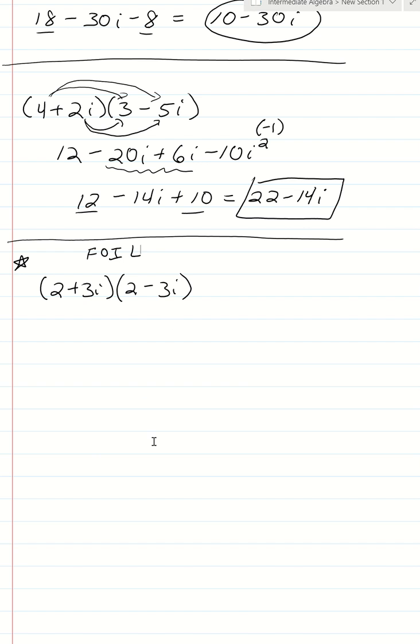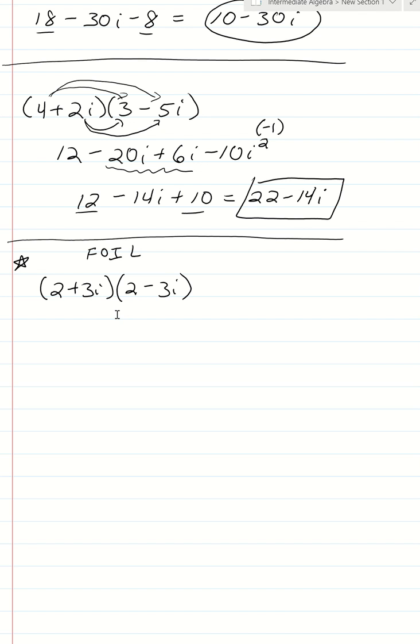They look very similar, in that the first numbers are both 2, the second numbers are both 3i, but you'll notice the signs in between them are opposites of one another. And we saw something like this in the last section when we were dealing with the division of radicals, and then when there was a binomial in the denominator.